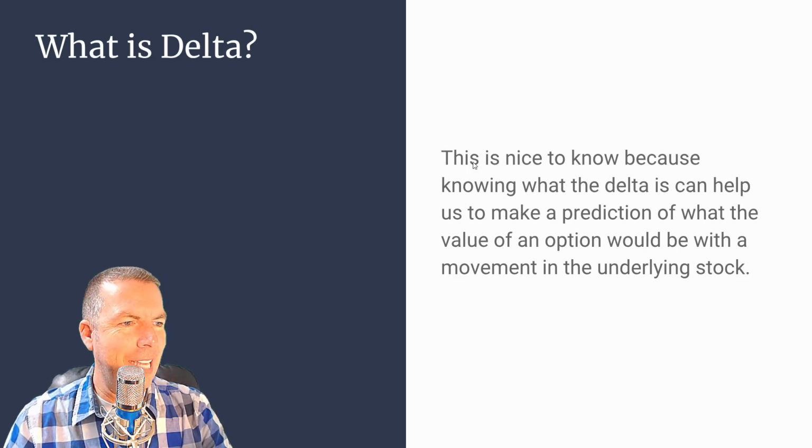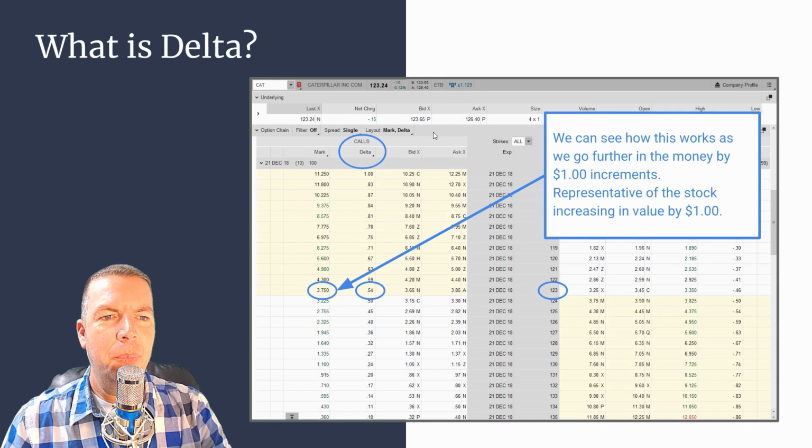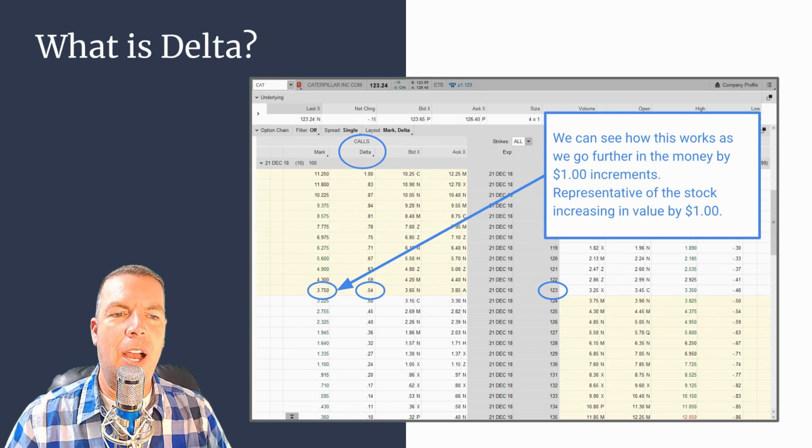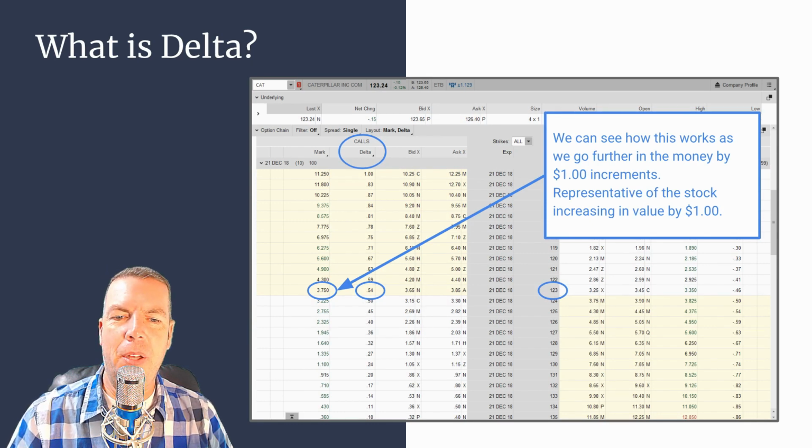So let's go back to our example here of Caterpillar, and we can see how this works as we go further in the money by $1 increments, which would be representative of the stock increasing in value by $1. So again, we're looking at the 123 call option, and we can see that the market price there is $3.75, and the delta is 54 cents.